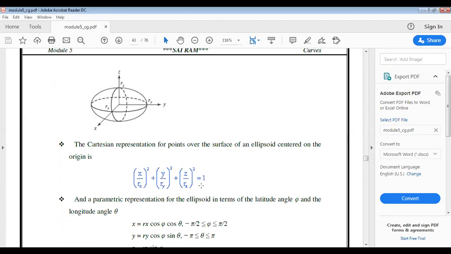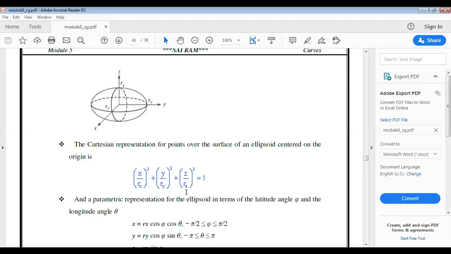That means there are three different radii: one along the x-axis, a different one along the y-axis, and a different one along the z-axis. That is what makes it different from a sphere. A sphere has only one radius, from the origin to any point on its surface. But an ellipse is not like this.